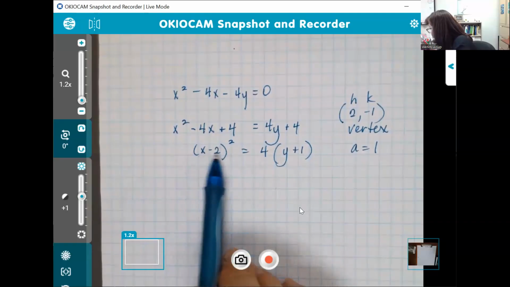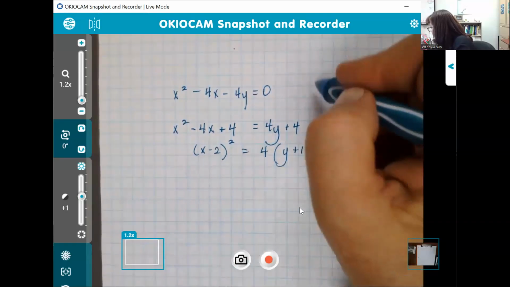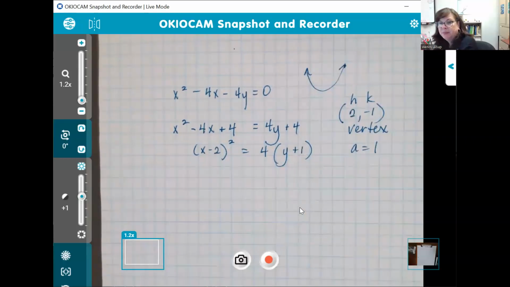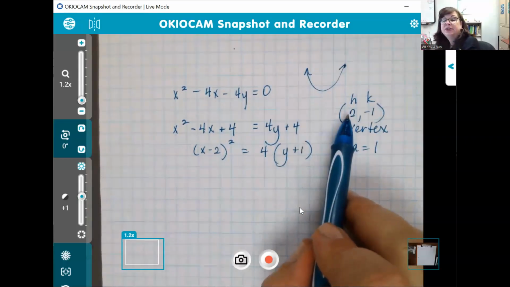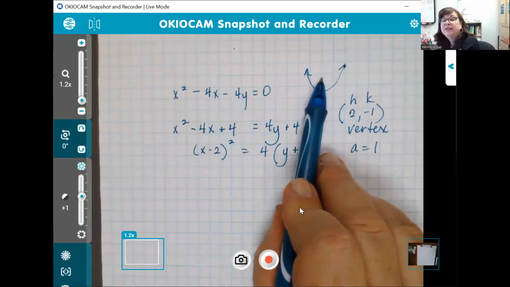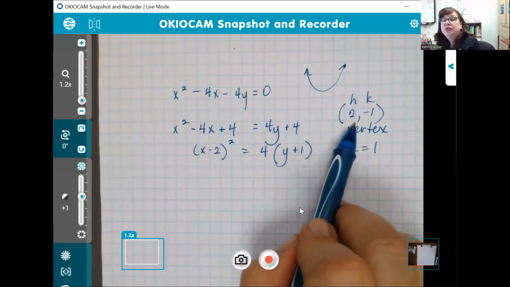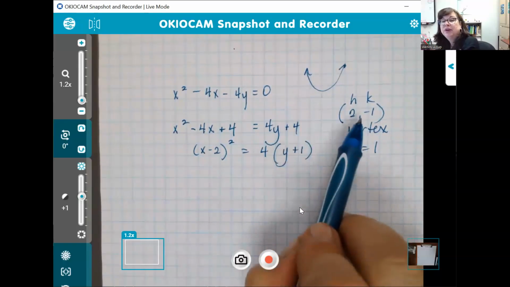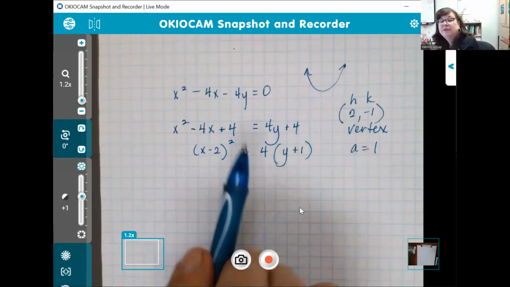So this one is going to open up, right? And with this vertex at 2, negative 1, the focus will be 1 up from that. So 2, 0 would be my focus. And my directrix would be at y equals negative 2.